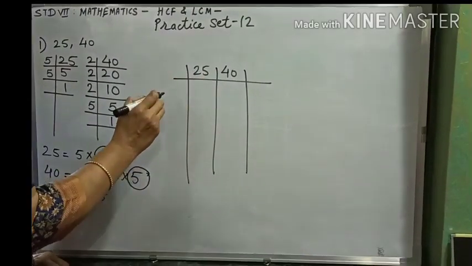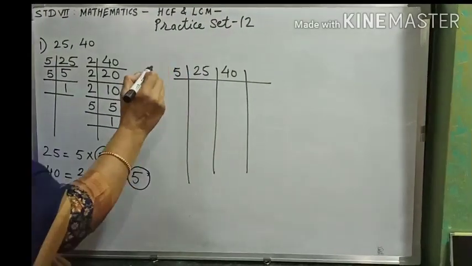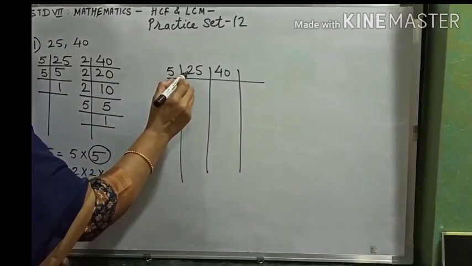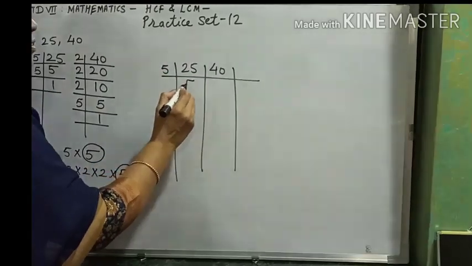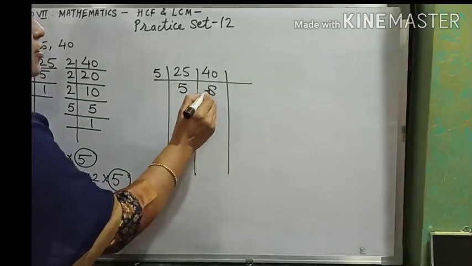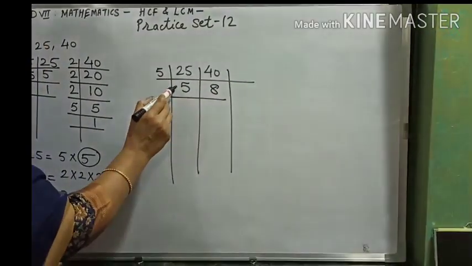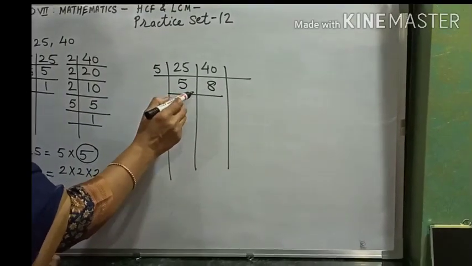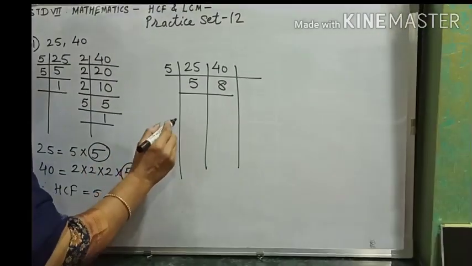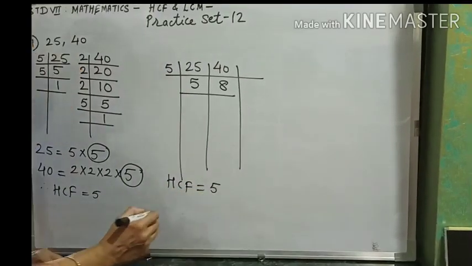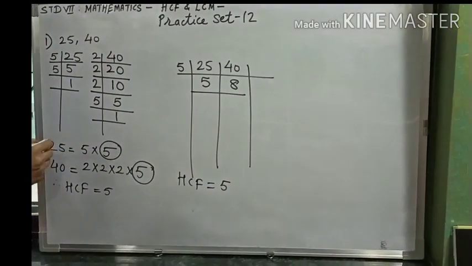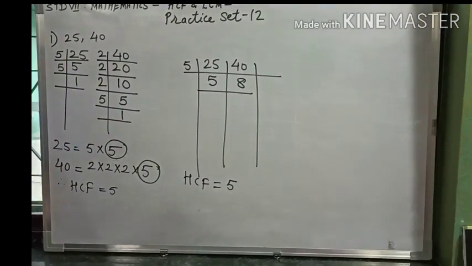So 25 is divisible by 5 and 40 is divisible by 5. 5 5s are 25. 5 8s are 40. Further, I cannot divide 5 and 8. So our HCF is 5. So by any method you can find out the HCF.